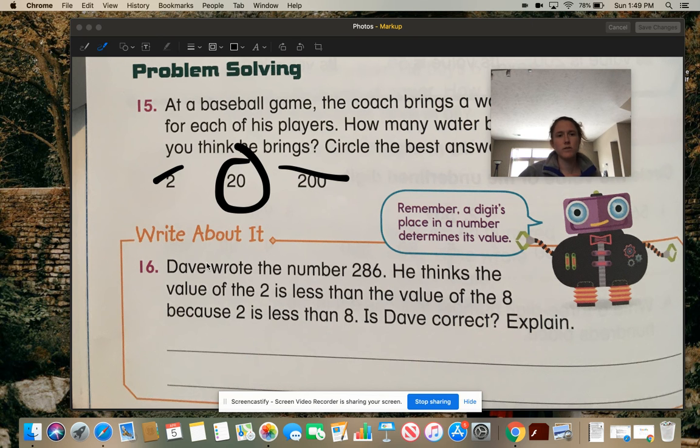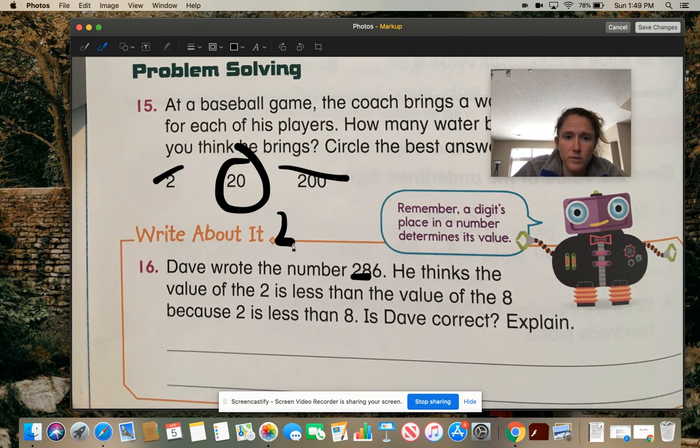Okay, so this is kind of a tricky problem. So let's look at these two numbers. It says that he thinks that the 2, so here's the 2. What is that 2 worth? Well, that 2 is worth 200 because it's in the hundreds place. Then he said that is less than the value of the 8. Well, the 8 is worth 80 because it's in the tens place.